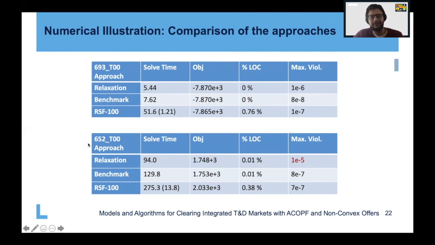And for the first larger test case, we see that the relaxation does not give a feasible dispatch. The benchmark then allows us, with a small increase in the objective function, to recover a feasible dispatch. And we also saw that the RSF is still promising. So we have a near-optimal objective, a small amount of LOC, and a feasible dispatch.